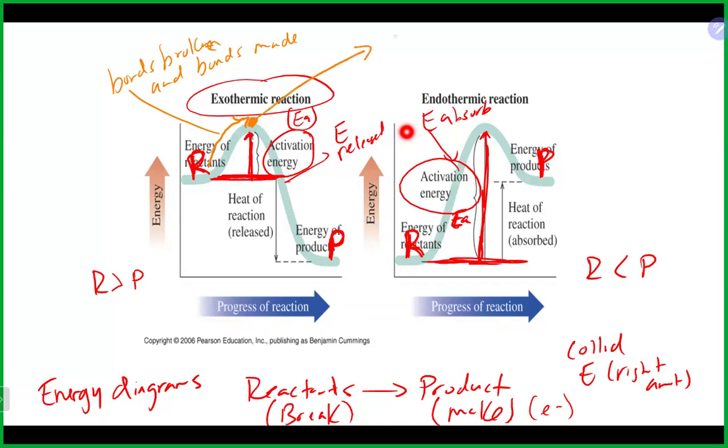And the very top of the hill is what is sometimes referred to as a transition state. At the very top of the hill, you oftentimes will have a product which is known as a transition state complex or an activated complex.